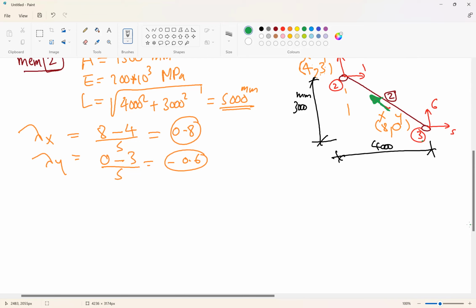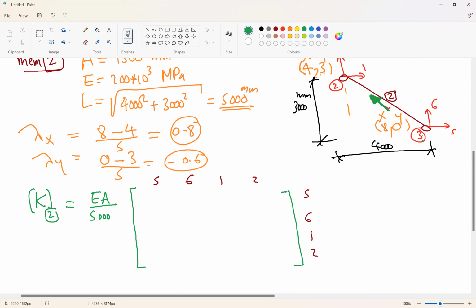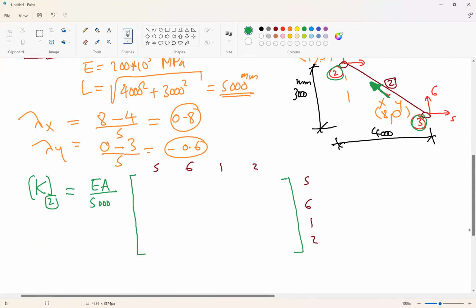Now, this is K2. So we have EA over L. L is also 5,000 times. What is the movement we have here? 5, 6, 1, 2. Again, this is because we start with node 3 and end at node 2. So that's why 5, 6, 1, 2.